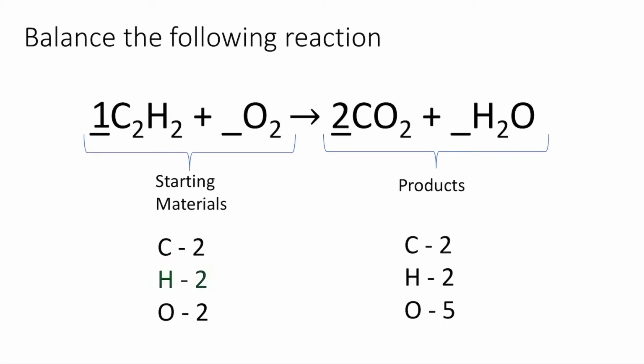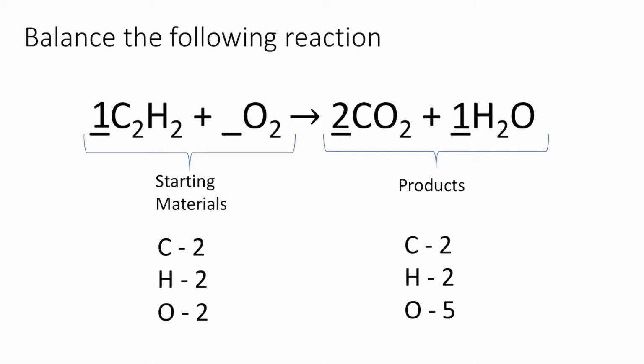I have 2 hydrogen on the left side of the equation and 2 hydrogen on the right side. Therefore, I'm going to put 1 as my coefficient for the water compound. Because the coefficient is 1, I didn't affect any of the elements in my compound. So I still have 2 hydrogen and 5 oxygen on the right side of the equation.